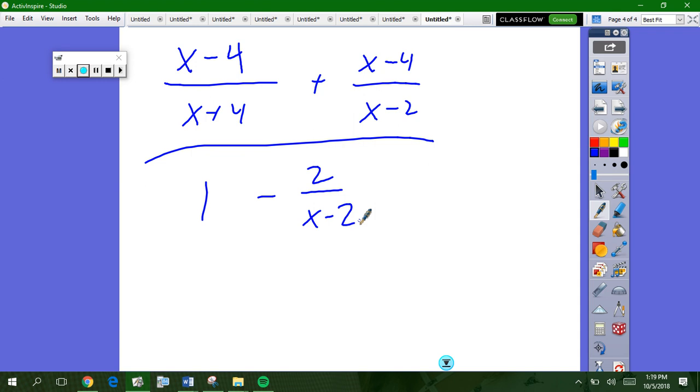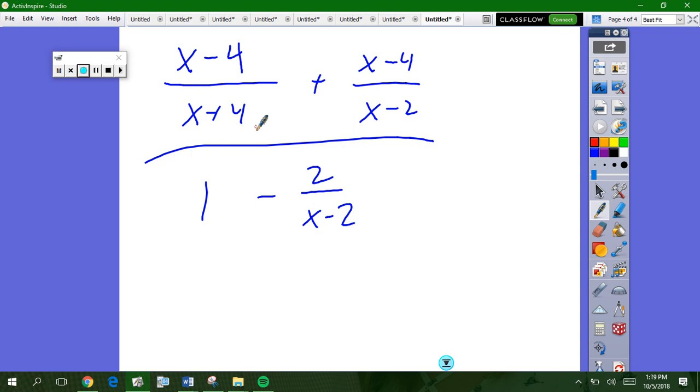The goal of this style is once again to find the common denominator for everything. What is the common denominator for everything? X plus 4, x minus 2. Do you guys agree with that? Because I can't make an x minus 2 look like an x plus 4.